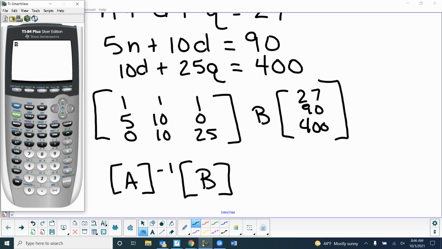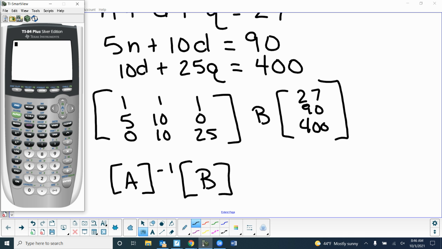Second, inverse for matrix, over to edit, enter, 3 by 3, so just hit enter twice, and then just overlap the numbers. 1, 1, 1, 5, 10, 0, and 0, 10, 25.